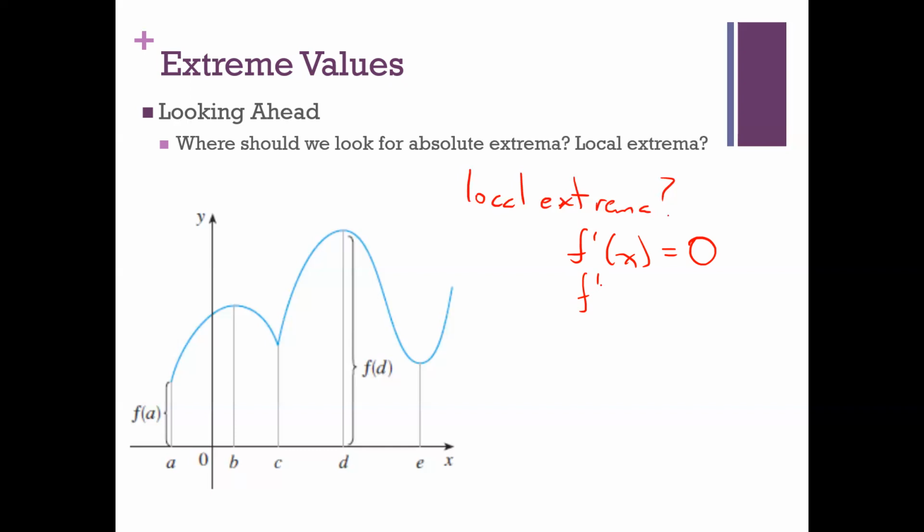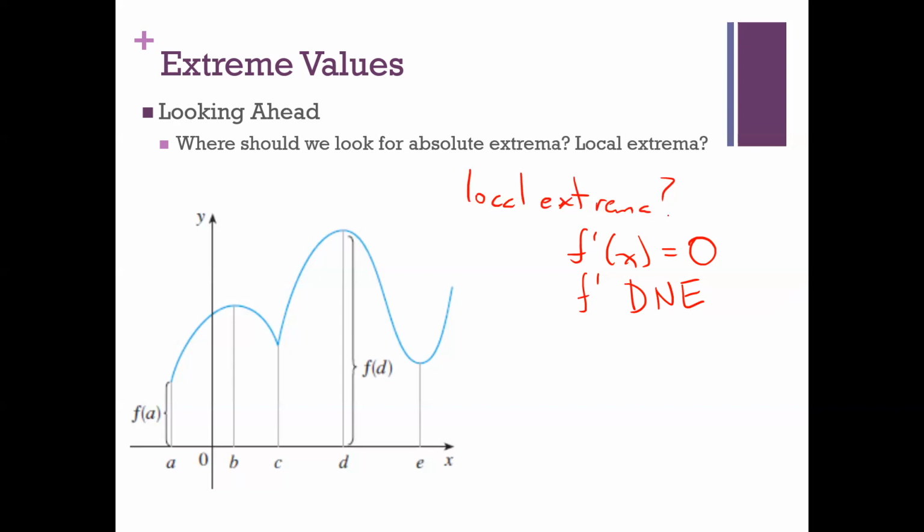But what can we say about f prime at c? It doesn't exist, right? So those are the candidates for where your local extremes might be: where the derivative is equal to 0 and where the derivative just fails to exist.